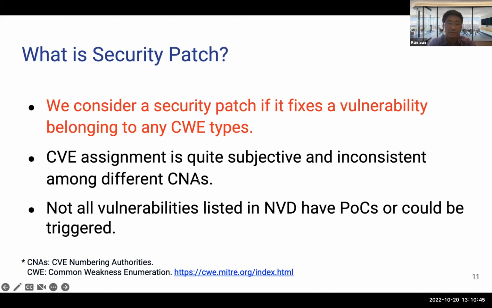Even CVE or CWE will change their classification from time to time. And there is always some argument that if you don't find a POC, a proof of concept, you cannot prove this vulnerability can really be triggered. They may not consider it a real vulnerability. Some people just hold that opinion.